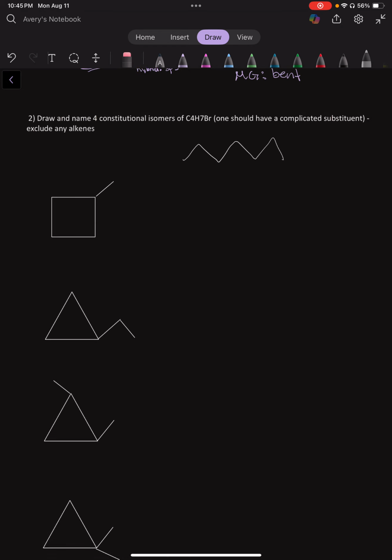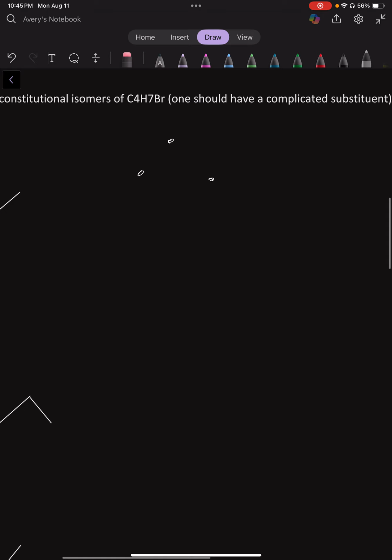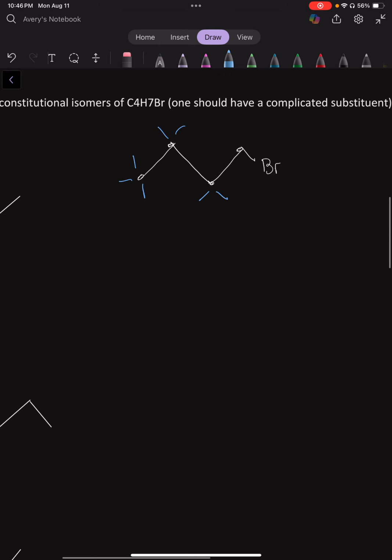The reason for that is because if we were to draw 4 carbons with this zigzag shape with the bromine on it, when we count up the hydrogens that would be on here, we would have 1, 2, 3, 4, 5, 6, 7, 8, 9 hydrogens on here, and that is not how many hydrogens we have.